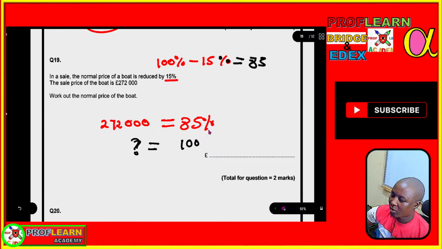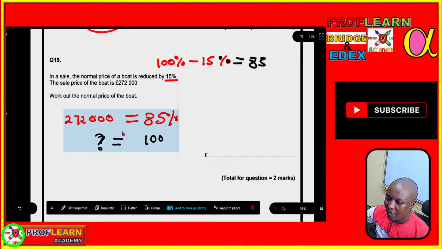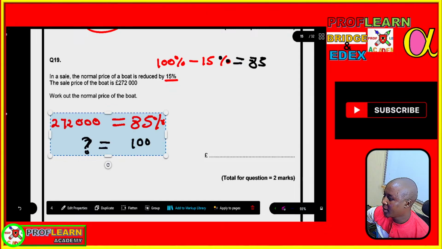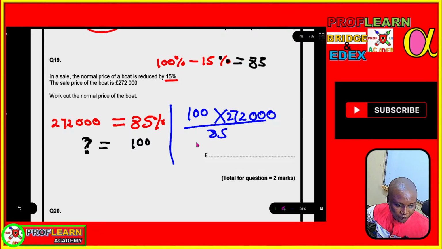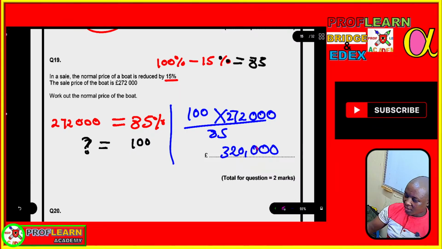We shall do cross multiplication, and then the normal price will be 100 times 272,000 divided by 85. If you work it out, you're going to get 320,000.